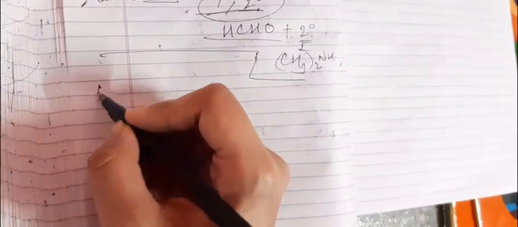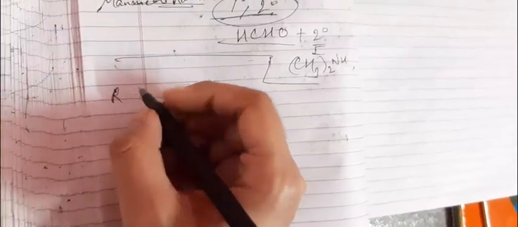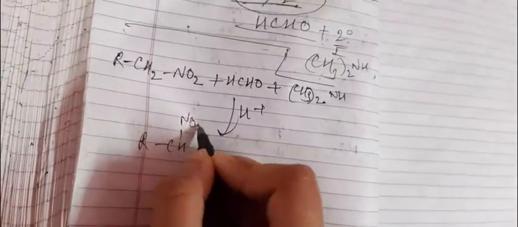In the case of primary nitroalkane, we can write RCH2NO2 plus HCHO plus (CH3)2NH in acidic medium gives us RCH(NO2)CH2N(CH3)2 plus water as side product.